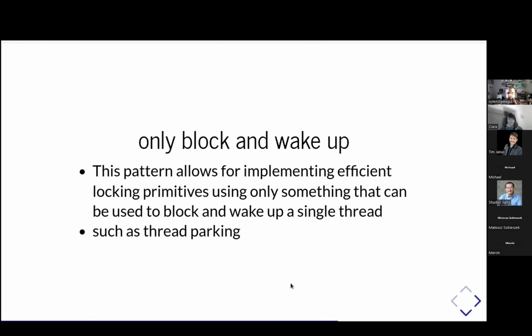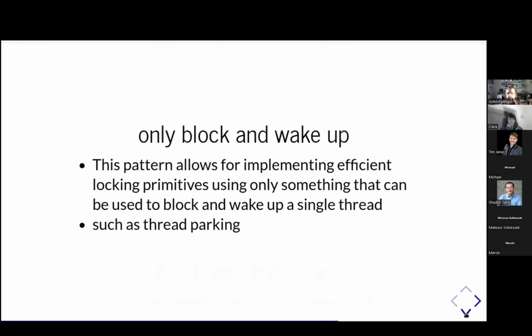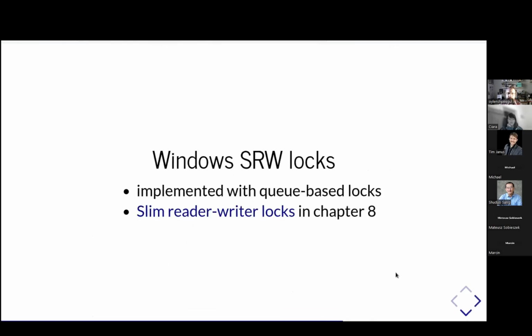And then if we only block and wake up, this could be used to build something like thread parking. And this is how Tim J talked about slim reader writer locks in Windows back in chapter 8. And that's a queue-based lock.